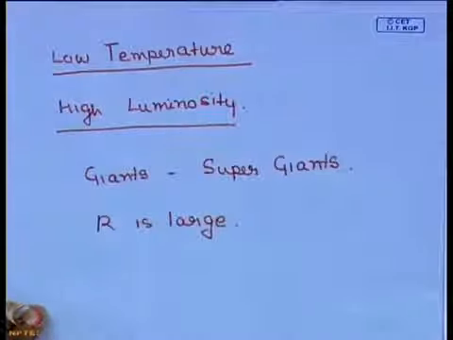they have a large radius, and as a consequence of that, their surface acceleration or surface gravity, which is G times the mass of the star divided by R squared, is relatively low.